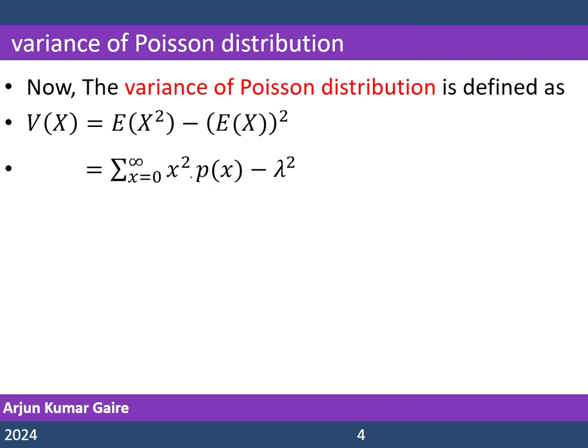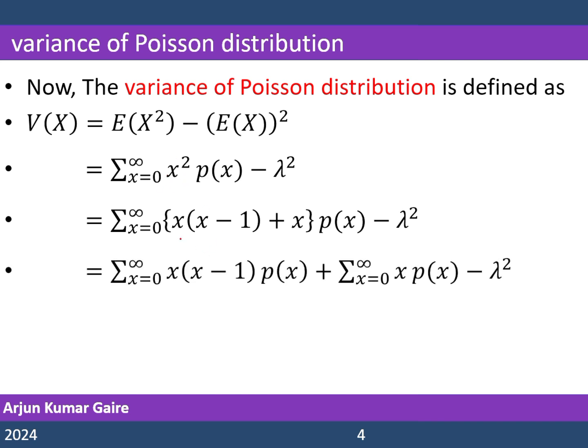For the calculation of this first expression, we have to break down the x square term into two terms: x multiplied by x minus 1, plus x. It becomes x square minus x plus x; minus x and plus x cancel out and it is equal to x square. It produces two terms: the first term, x times x minus 1, multiplied by p of x, plus the second term, x times p of x. This second term is the expected value, which is lambda, the expected value of the Poisson distribution.